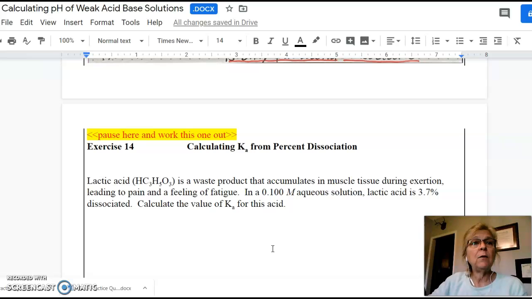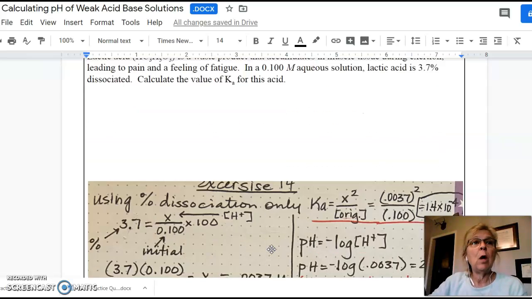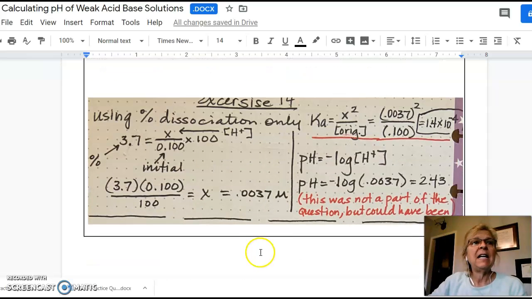Okay, after you have paused and you have your answer, let's scroll down to how this should have worked out. In this example, we were using percent dissociation, and we were solving for X, the hydrogen ion concentration.